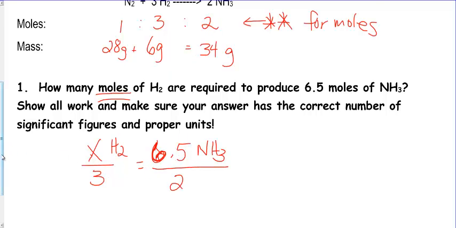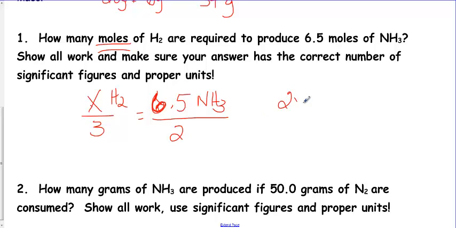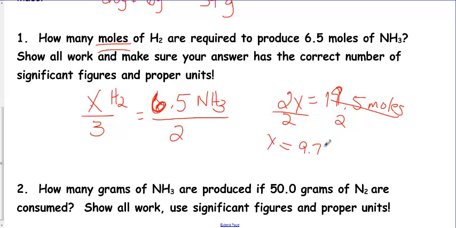So we cross multiply, and we get 2x is equal to 6.5 times 3, which is 19.5. Divide that by 2, and this will give us the number of moles. We get 9.75 moles required.